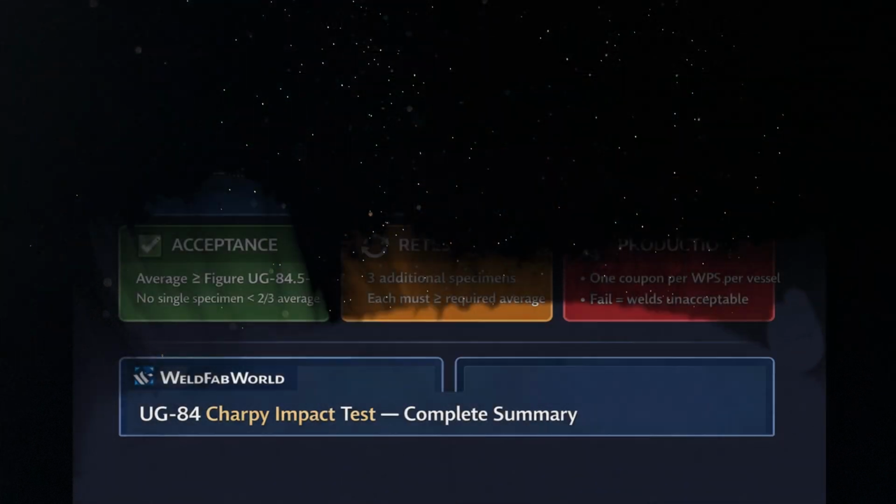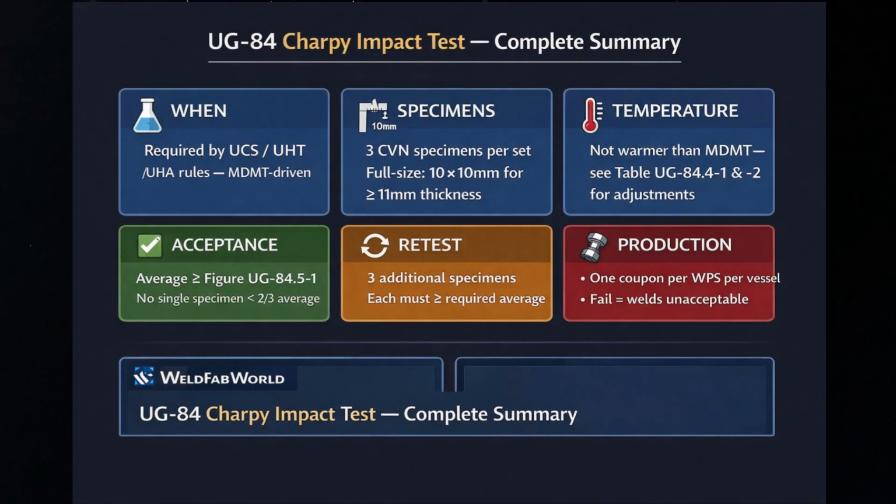Let me bring all of this together for you. UG-84 is triggered by subsection C or D rules, primarily when your vessel MDMT falls below the UCS-66 exemption. The test uses 3 Charpy V-notch specimens, full size 10 by 10 mm for thicknesses 11 mm and above. The test temperature is generally at or below the MDMT, with very specific adjustments for subsize specimens per Table UG-84.4-2.